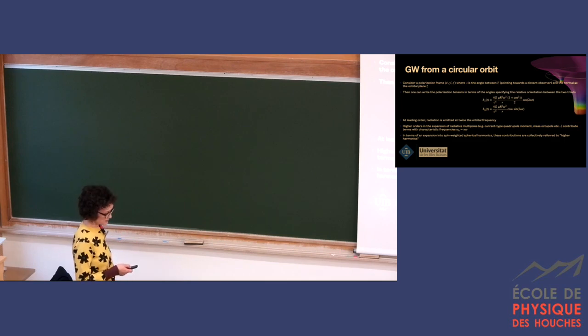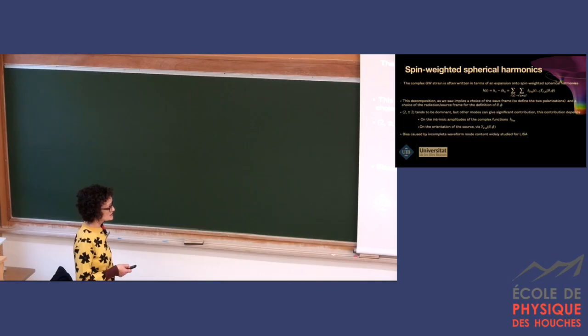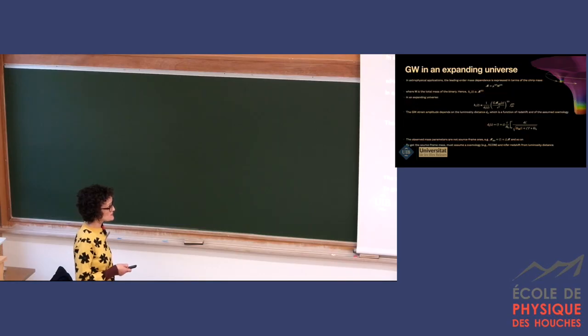But when we work with astrophysical sources, you don't want to work with reduced mass, you want to work with this other quantity that is called chirp mass. And just by plugging into the equation that I showed earlier, you get the scaling of how the gravitational wave amplitude behaves with respect to mass. You also get some other results.